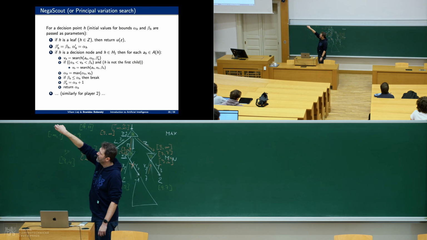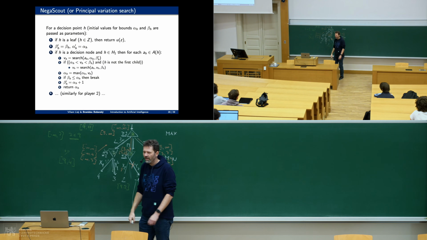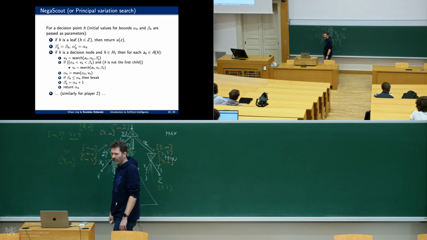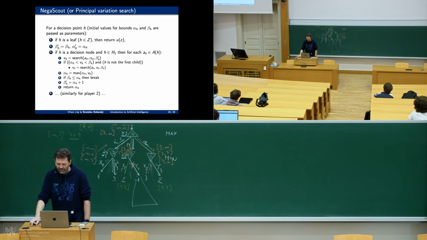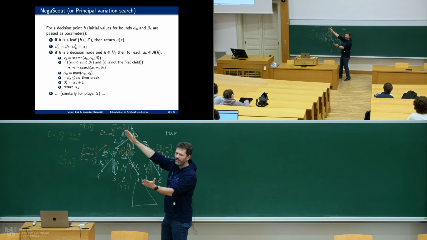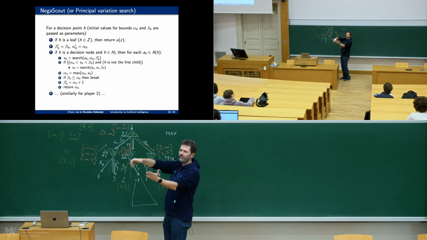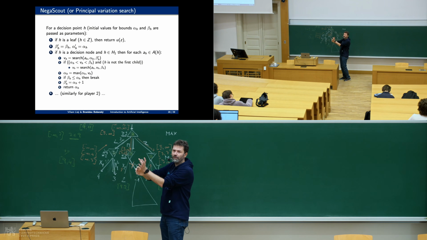For all the subsequent searches, we set a new artificial bound. If we are the maximizing player, we set an artificial upper bound beta prime to alpha plus 1. So for the first search, we have alpha beta as an interval. After the first search, we may update alpha. But for the second search, we have alpha plus 1.